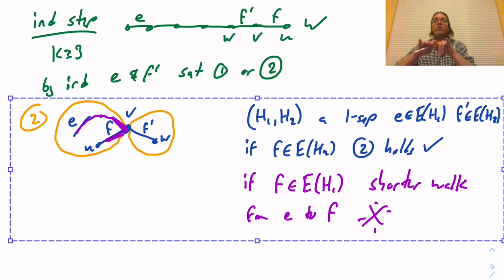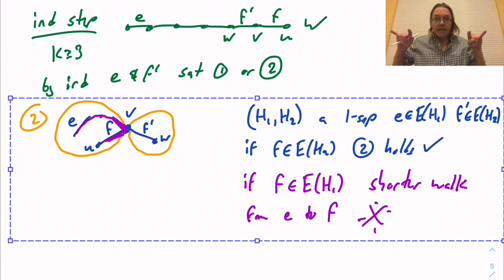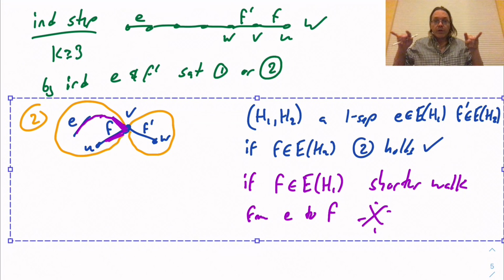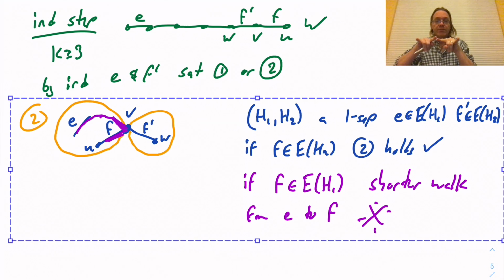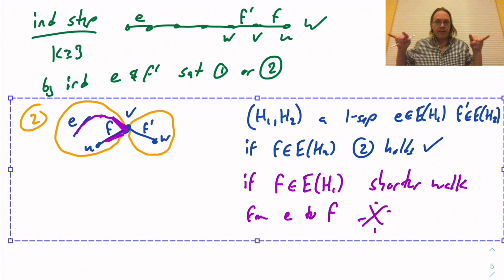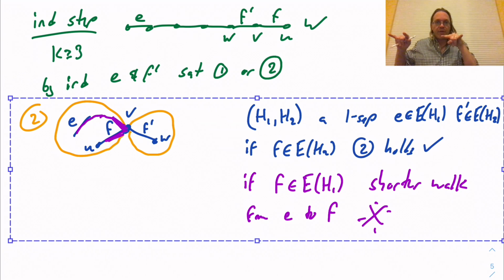So again, we are proceeding inductively on the length of the shortest path that contains E and F. We did a base case where E and F are in some walk of length 2. We're now proceeding inductively, and instead of going from E to F, we're thinking about the second to last edge, and we're calling it F prime.